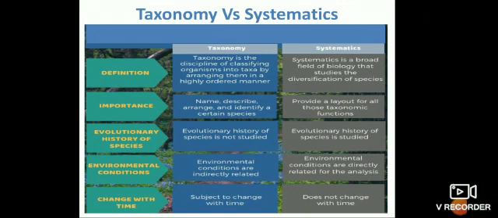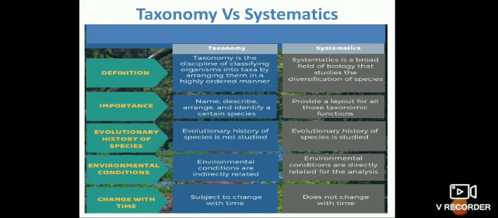Coming to the importance, the name, description, arrangement and identification of a certain species is done by taxonomy, whereas systematics provides a layout for all those taxonomic functions. Coming to the evolutionary history of species, it is not studied in taxonomy, whereas it is studied in systematics.